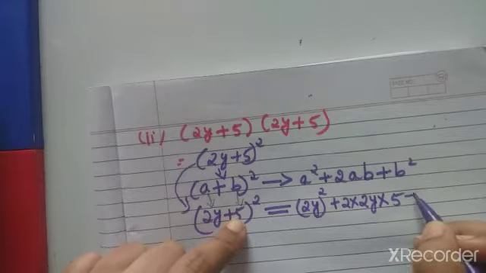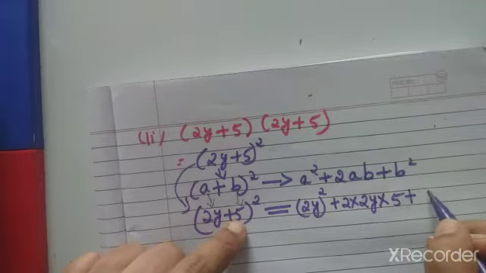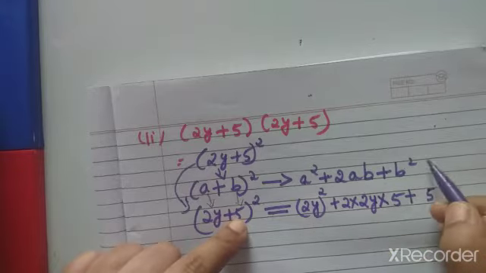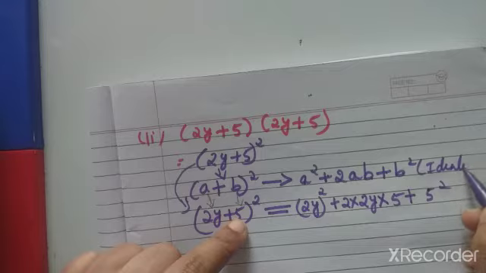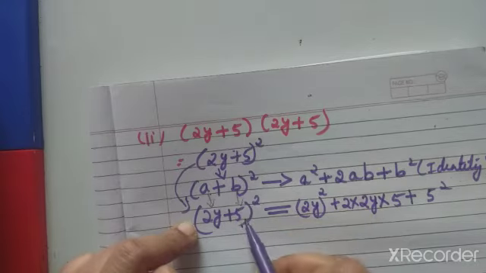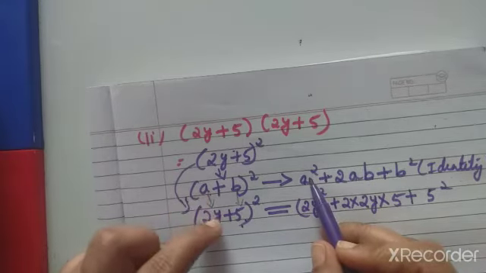And here plus symbol. B square means again we have to write 5 square. We are using this identity and solving the sum. So (2y + 5) whole square: a square means in the place of a we have to write 2y.